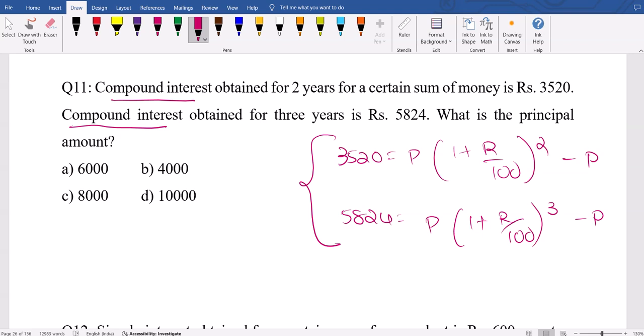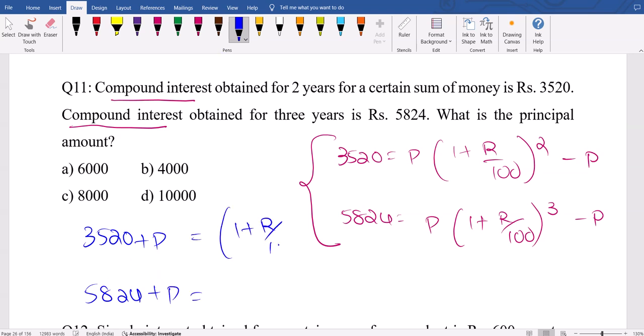What can be done here? Subtracting, we'll get a big equation, because (1 plus r upon 100) whole cube and whole square will take time. You can divide, sending that P to this side: 3,520 plus P and 5,824 plus P should be equal to (1 plus r upon 100) whole square and (1 plus r upon 100) whole cube.